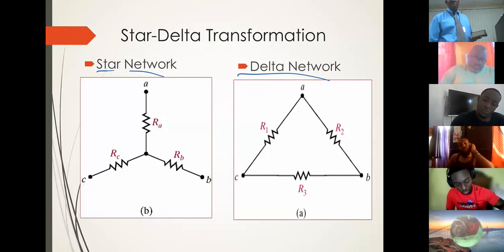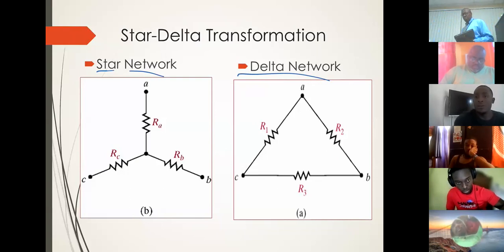So when we say the networks are equivalent, what do we mean? All right. So once you have drawn them, the key things you're going to be looking at are the terminals.